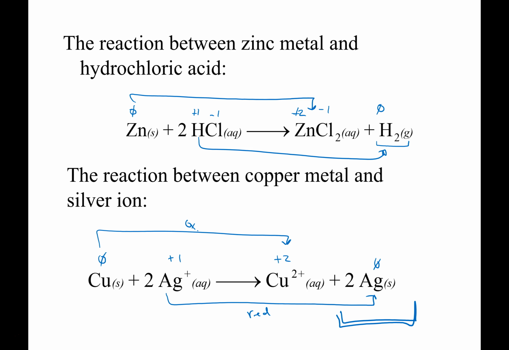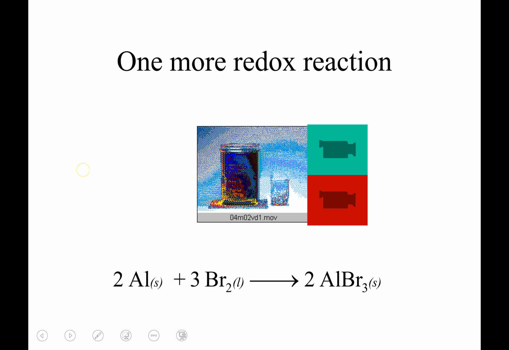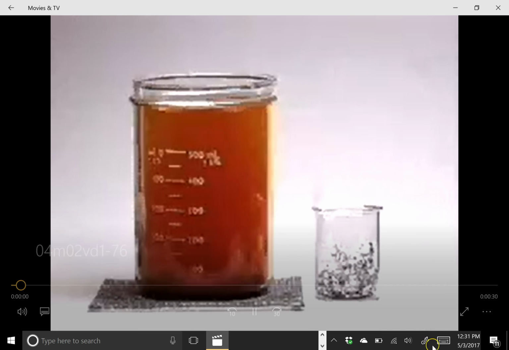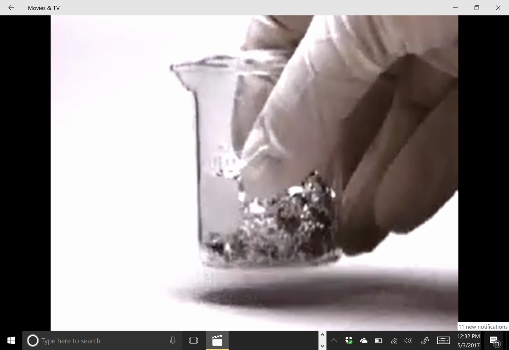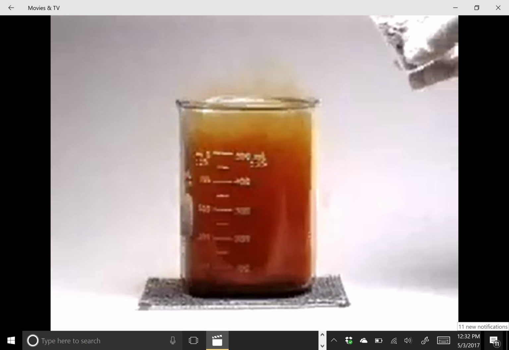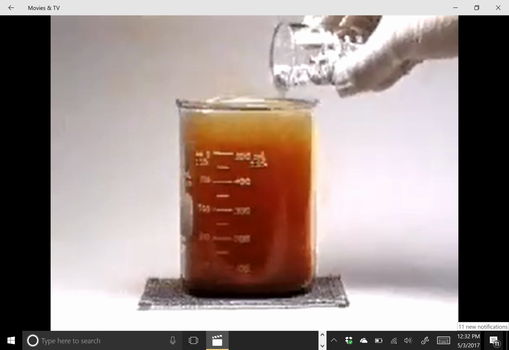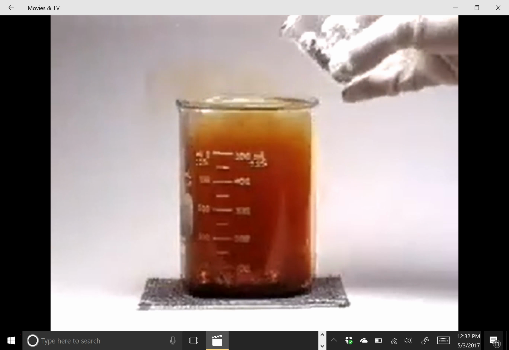Okay, what else we got? Another one. Videos galore. When pieces of aluminum foil are placed in a beaker containing bromine, a violent reaction occurs.